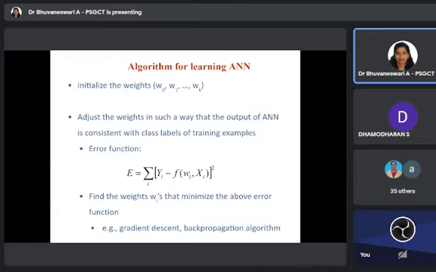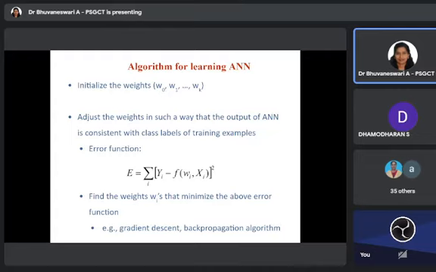Once the output is generated, it is passed through the activation function, and the output of the activation function is then passed through the error or loss function in order to optimize the prediction.